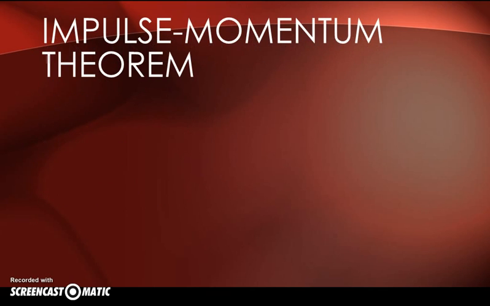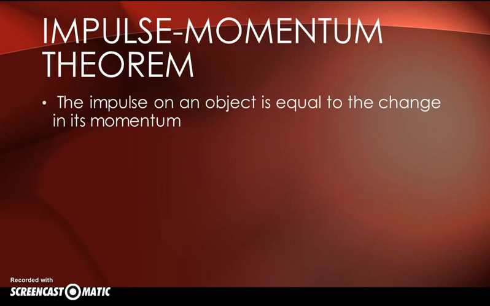So let's go ahead and talk about what's called the impulse momentum theorem. This is going to be very important for you to know. When we're doing examples, what you should know is that the impulse is equal to the change in the momentum. Let's say that you have a baseball being thrown toward the batter, and the batter's going to hit that ball. That baseball has a mass and a velocity.